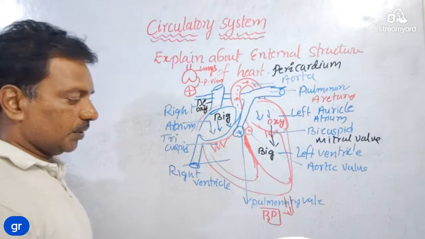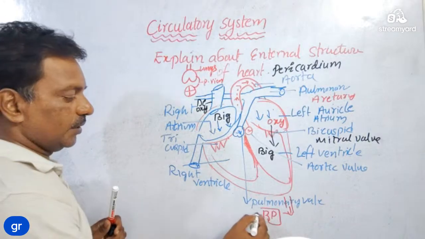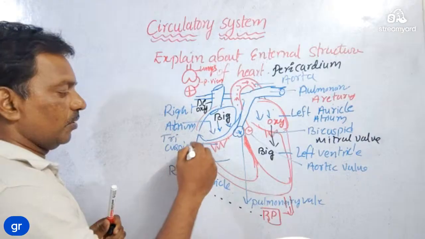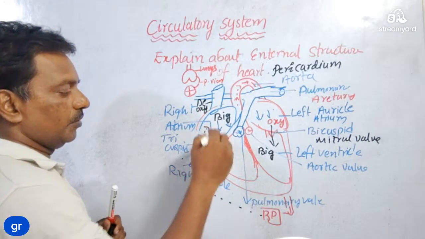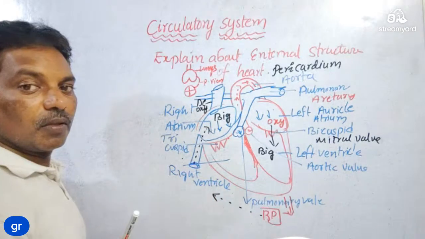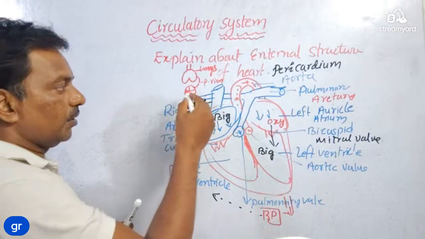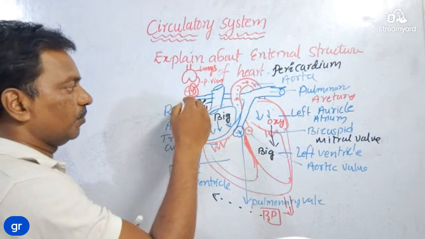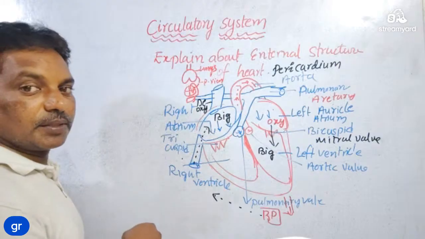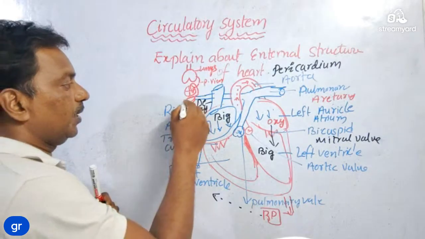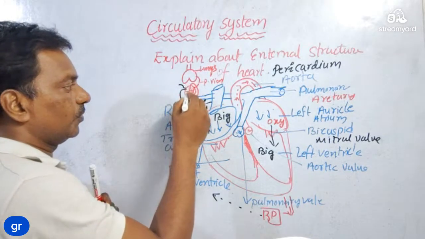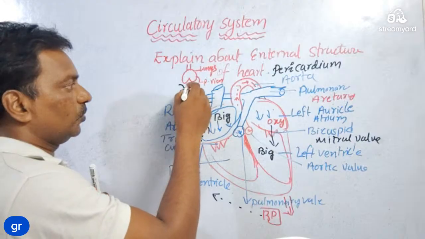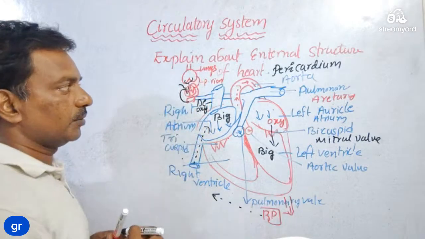From the body parts, deoxygenated blood is carried in this. It moves up, and it comes to the body parts. From the body parts, superior and inferior carry it to the heart, and from here it moves and reaches the two lungs.